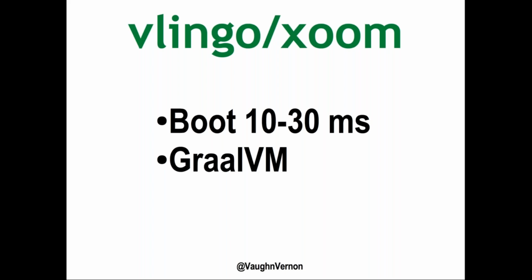You can use reflection, and in some very minimal places in vlingo, we do require the use of reflection, but we can simply tell GraalVM that this specific component uses reflection, and so it can be prepared to handle reflective method invocations, for example, within a specific kind of component.